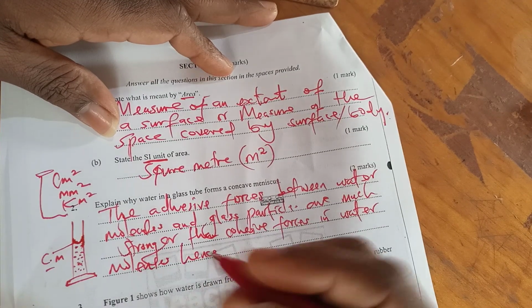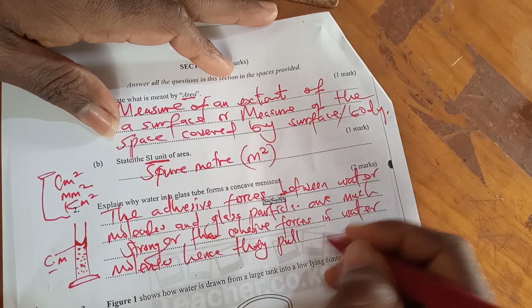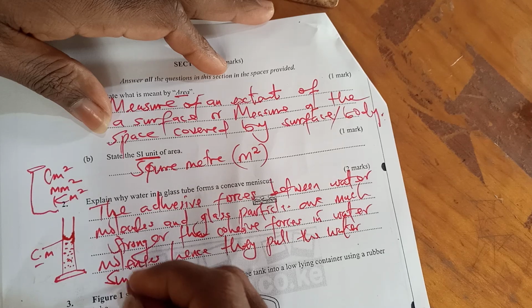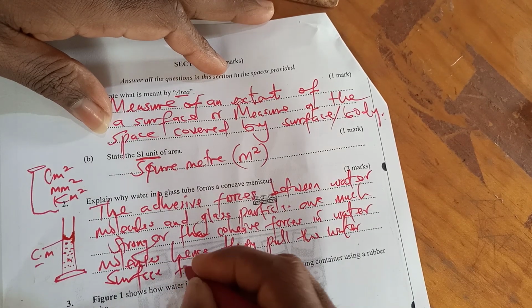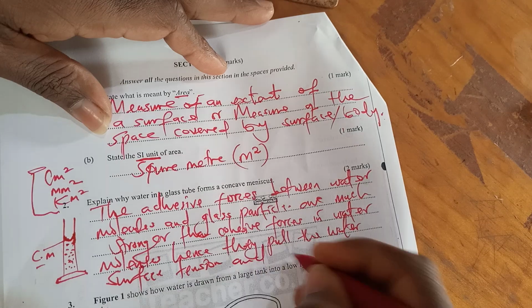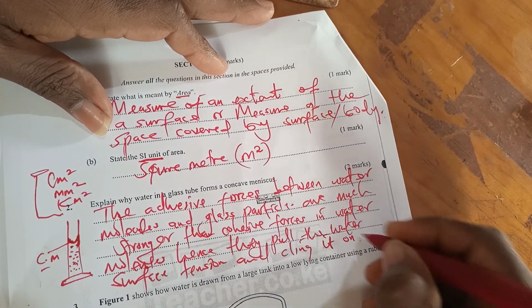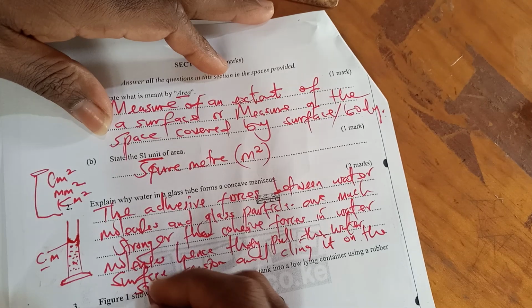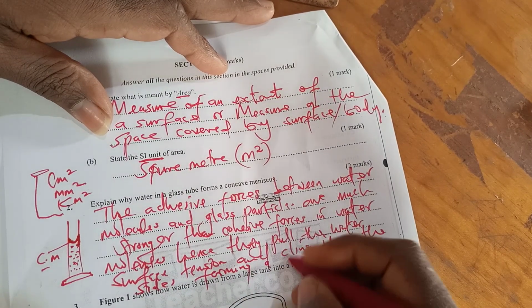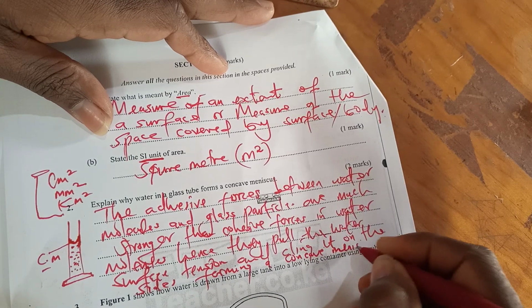Hence, for that reason, they pull the water surface tension and make it cling on the sides, forming a concave meniscus.